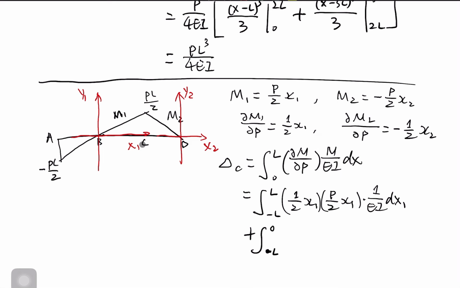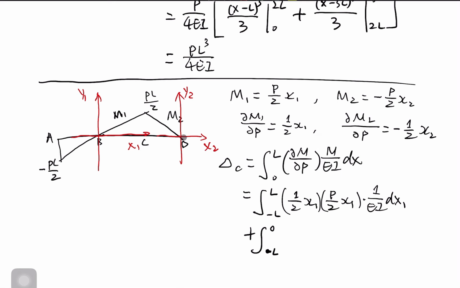So it's from C to D. C is minus L in this new coordinate system y2, x2, and D is 0, from negative L to 0.